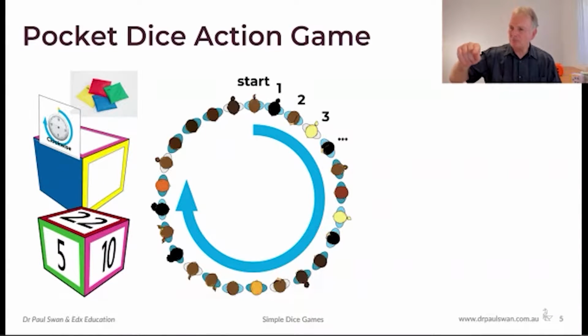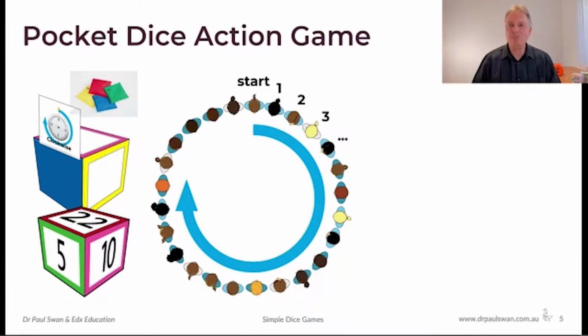So I'll take you back to the picture. So you have a child. We know that the beanbag is going to pass around the circle in a clockwise direction, and the numbers that you might throw on your pocket dice might be 5, 10, whatever numbers you decide. Could be teen numbers, could be any sort of numbers you put in the other pocket dice.